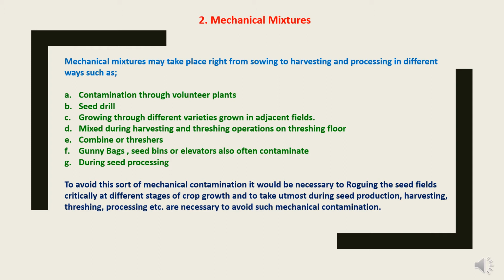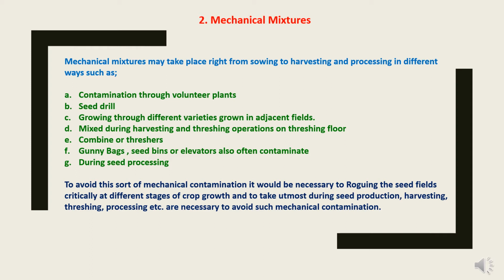Second source is seed drill. If more than one variety is sown with the same seed drill, then it should be thoroughly cleaned, because there are chances of leftover seed in the seed drill bin. So to avoid any mechanical mixtures, it should be totally cleaned.